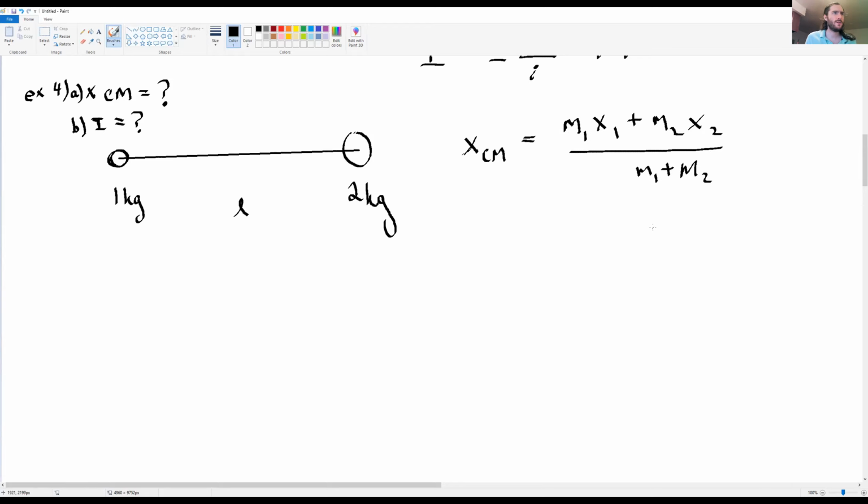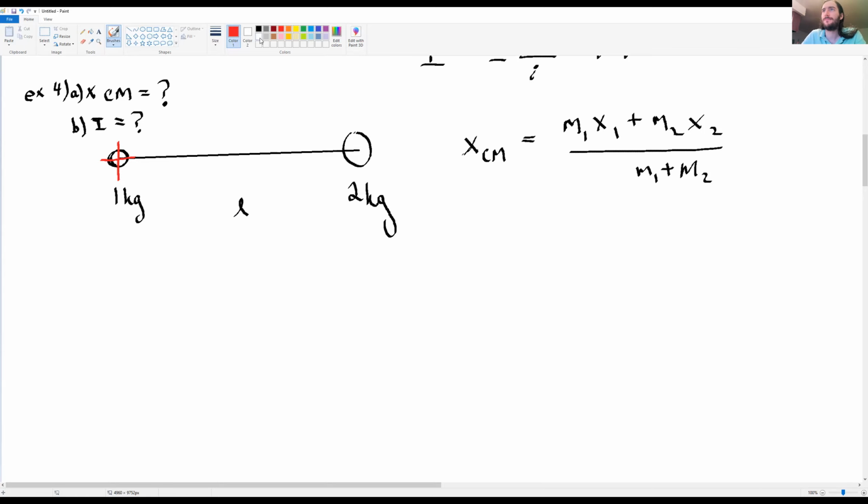But what do we use for x1 and x2? Well, we don't know where the center of mass is yet. So let's pick a coordinate system for ourselves, okay? I'll choose this coordinate system right here. That way x1 is 0. That's a nice little trick that you can do. Pick your coordinate system to be at one of the masses so that its x distance is 0.